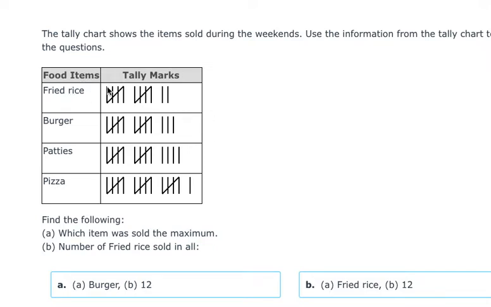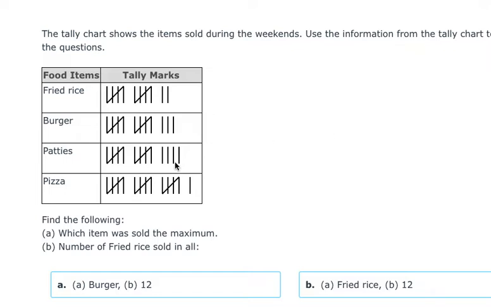Fried rice: 1, 2, 3, 4, 5, 6, 7, 8, 9, 10, 11, 12. 12 fried rice.